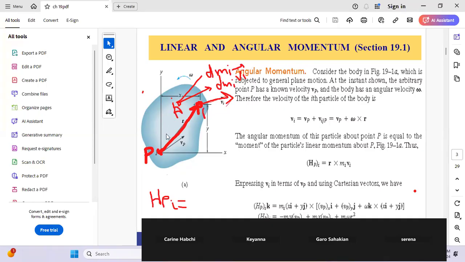So vector r represents the position vector from the origin P, the point about which we are doing the angular momentum, to point A where the particle is. So HPi is just r cross the elementary mass of the particle times vi.